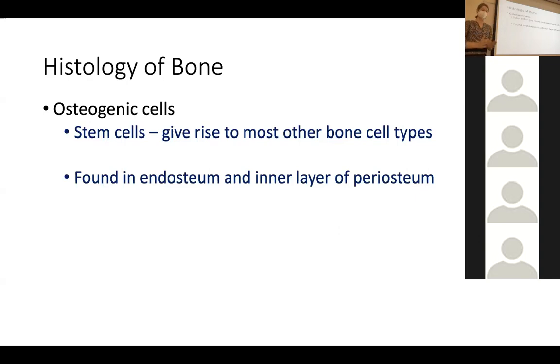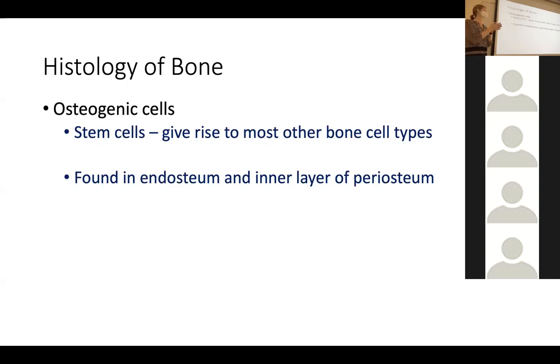The endosteum is the lining of the marrow cavity. So if you think about the cavity in the middle of your long bones, it's lined by what's called the endosteum. So they're found in the endosteum, and then the inner layer of another lining, the periosteum, which is the sheath around the outside of your bone. So those are the 2 places that osteogenic cells are found.